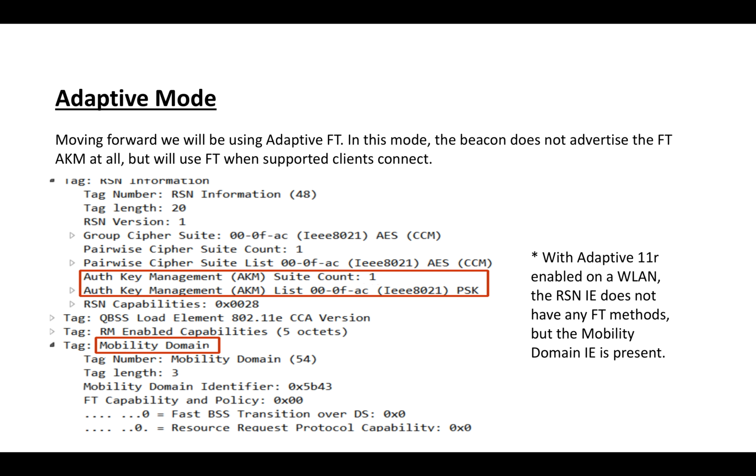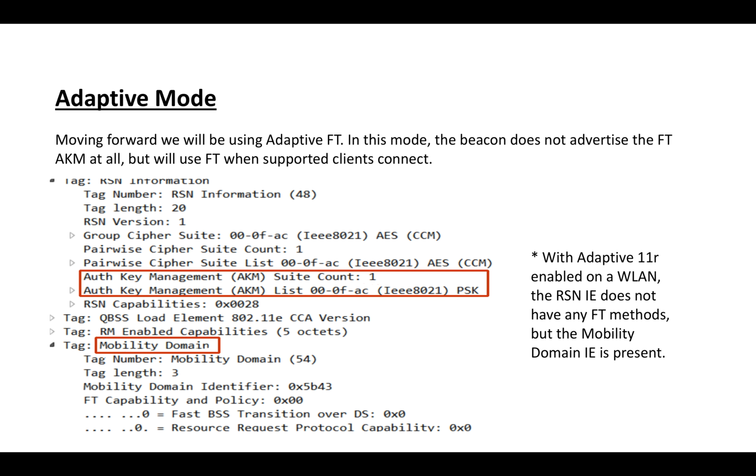What it does, this is a very tricky situation. Now, what it does is it broadcasts an authentication key management suite count of only one. It does not say that I support FT in the RSNIE, which is the Robust Security Network information element. It just says, okay, in my list, I'm only doing PSK. There's nothing called FT using PSK.